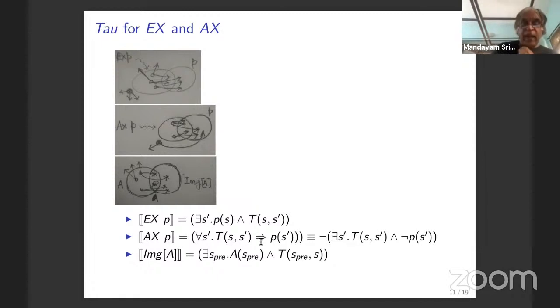Any questions here? Now I hope you can see how, if you assume that your transition relation and your formula P here, or in the image case A, are represented as BDDs, you can view what I've shown here as performing appropriate BDD operations.